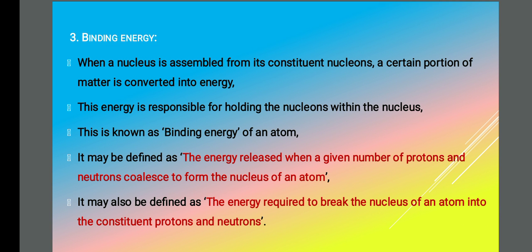As I said in the last class, when a nucleus is assembled from its constituent nucleons, a certain portion of the matter is converted into energy, and that energy which holds the nucleons within the nucleus is called binding energy. I'll repeat. Last class I told you about mass defect, and mass defect comes only because of binding energy, the energy being used to bind the nucleons within the nucleus.